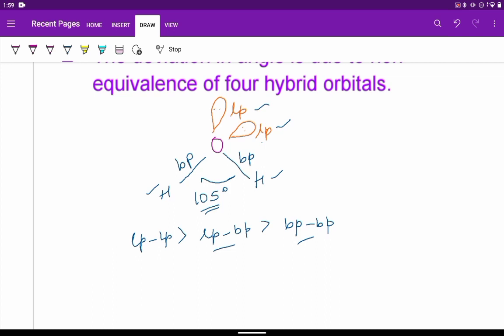And deviation in the bond angle occurs due to different types of repulsions in a molecule. And as I just told you, the repulsions between all the electron pairs are not equal. The lone pair electron repulsion is more than lone pair bond pair electron repulsion, which is greater than bond pair electron repulsion. So we find different bond angles in different molecules.